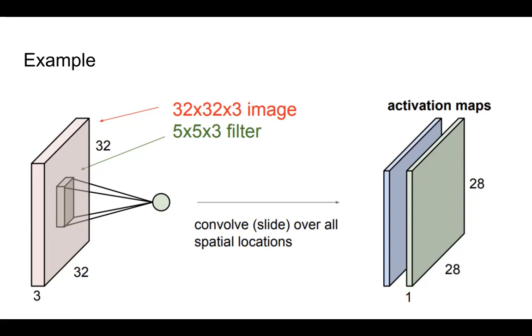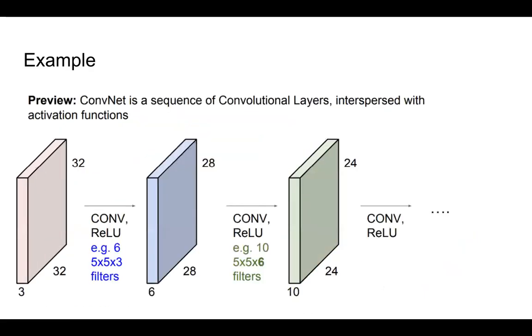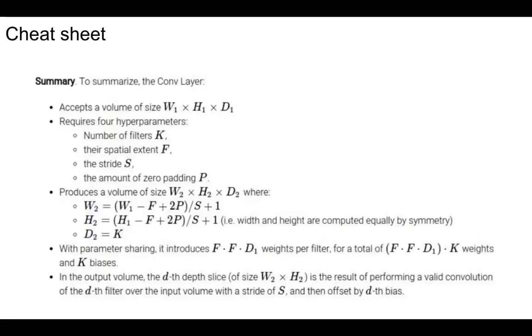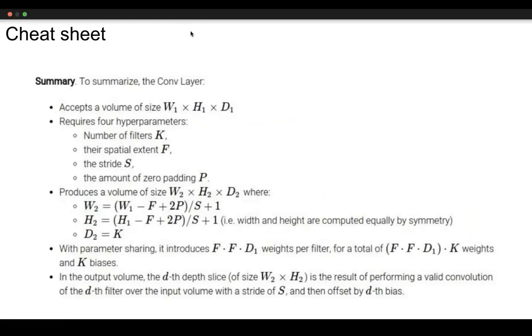Yeah. Clear. So can you go back to that slide where that calculation was given? This one. So we have F cross F. What is F here? It is the size of the filter, like say 5 cross 5. So this is 5 cross 5 cross 3, D1 is 3 here.